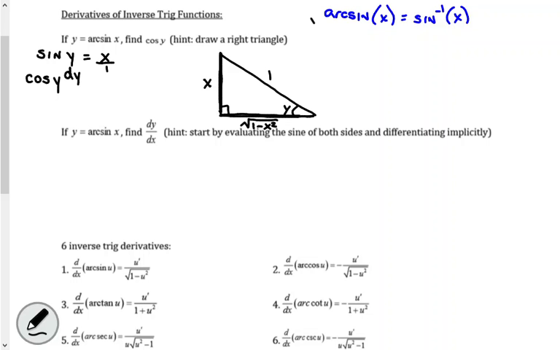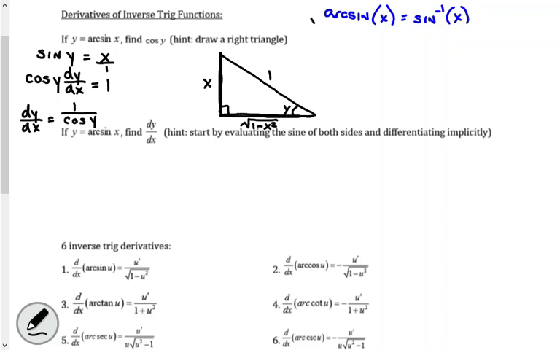Implicit, because we took the derivative of y. So then, what is the derivative of x? 1. Okay, cool. So dy dx equals 1 divided by cosine y, correct?